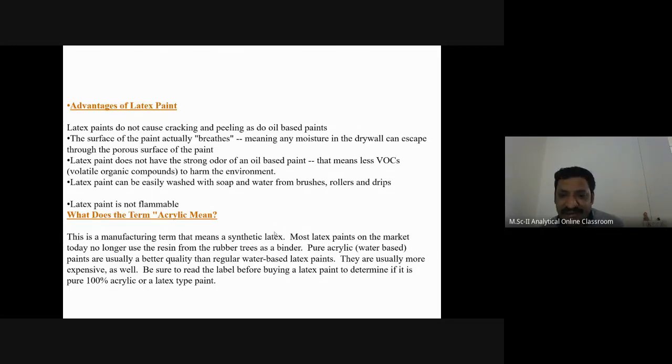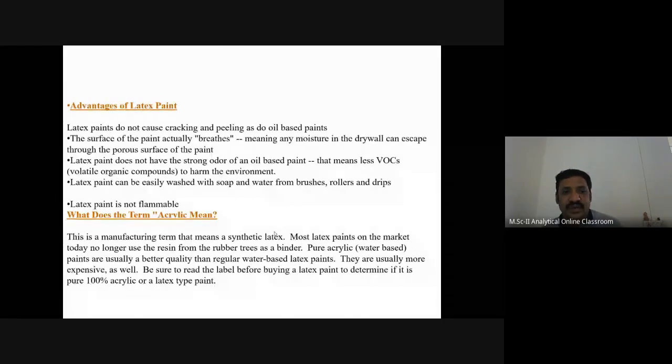The pure acrylic is a synthetic. And that acrylic is what? It is water based. Paints are usually of better quality than regular water based latex paint. So pure acrylic based paint is better quality than the regular water based latex paint. They are usually more expensive as well.